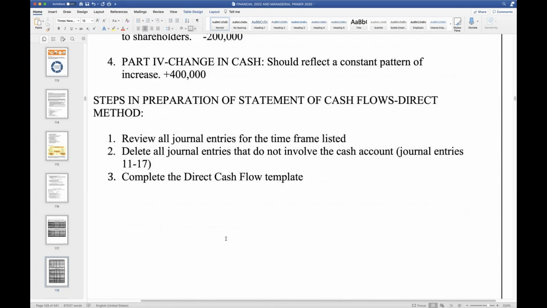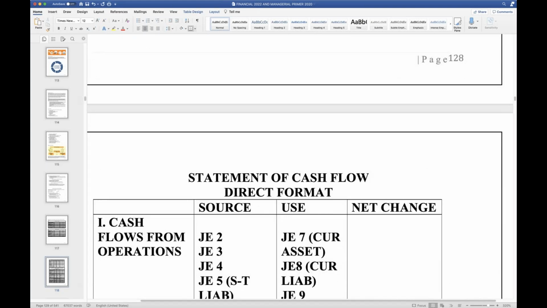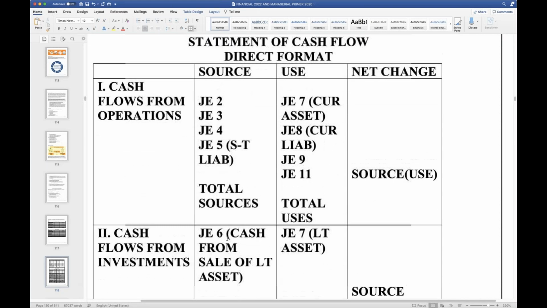We have a direct method of preparing the statement of cash flow. It's just a template type of thing. These are the journal entries that are in operations, and the only journal entries that are utilized are 1 through 11. If the journal entry is 1 through 6, it's a source.